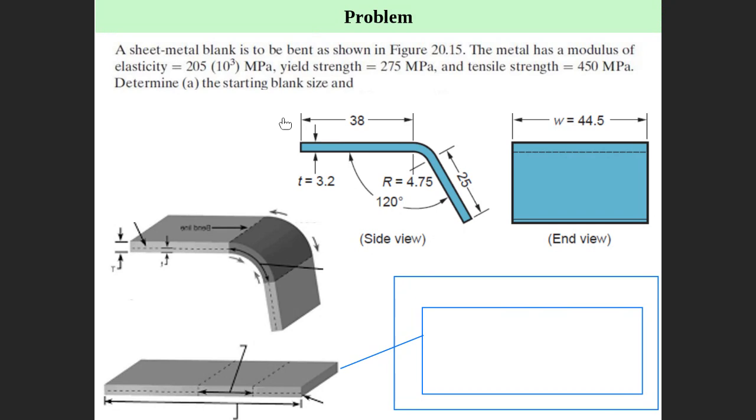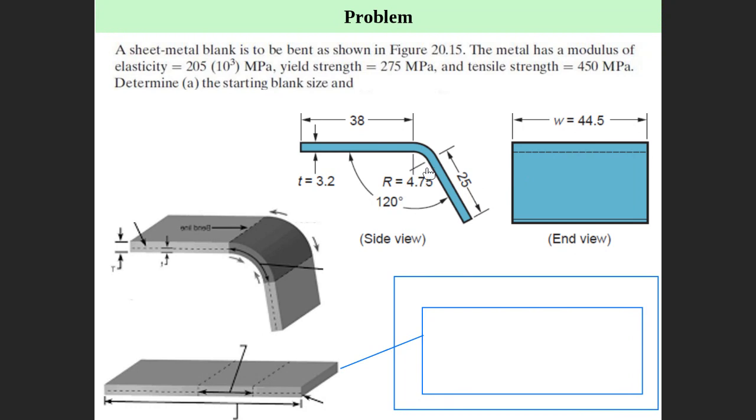Here it was initially a flat sheet, and then we bend it, and it becomes like this. The dimensions are given: this one 38 millimeter, this 25 millimeter, and the thickness is 3.2 millimeter. The bend angle is 120 degrees.